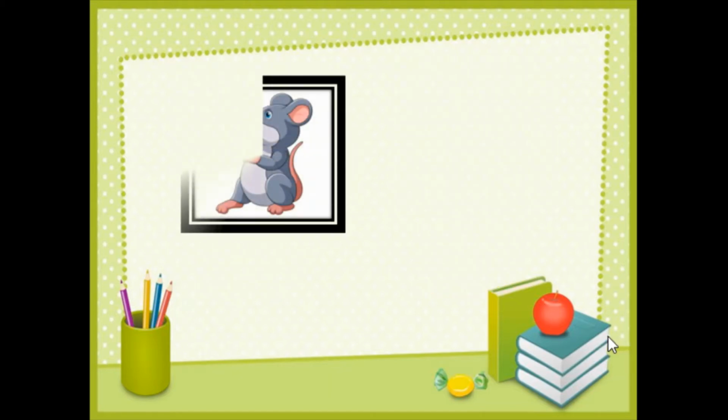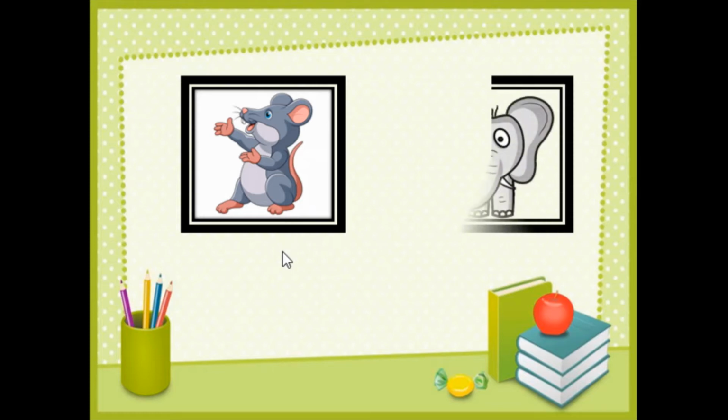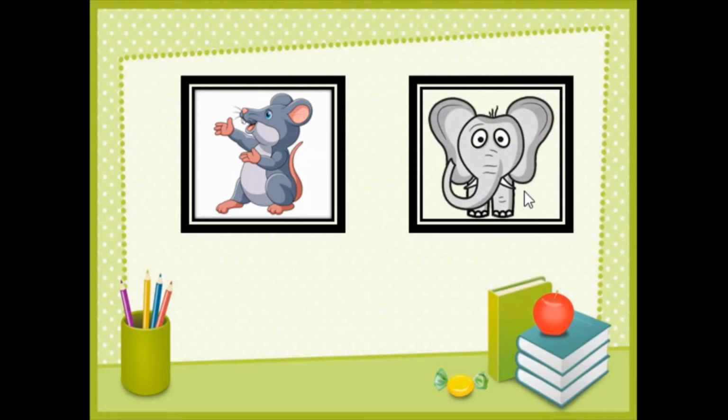Next picture. What is this? Very good. It is a mouse. This is an elephant. Now look at the two pictures. What do you think is the weight of a mouse?